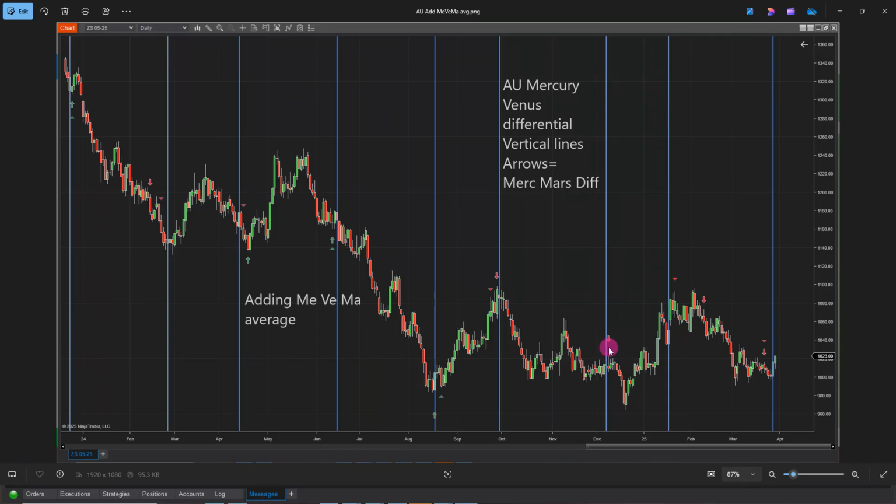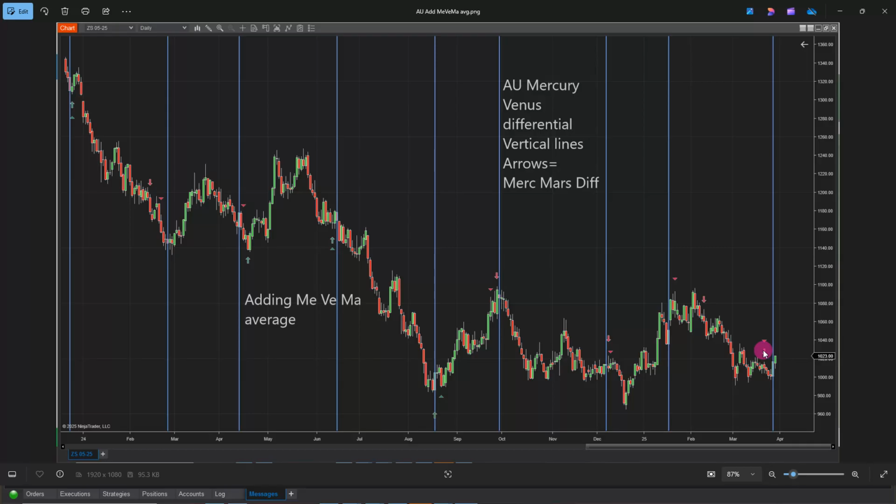Basically all 3 of those are convergent there at that minor high. We had the low here on the Mercury Venus, and then at our 3 planet average we went right up to that point and that flipped it back down. And the last one on the chart here in March was in alignment with the Mercury Mars arrow. So that's what that looks like.